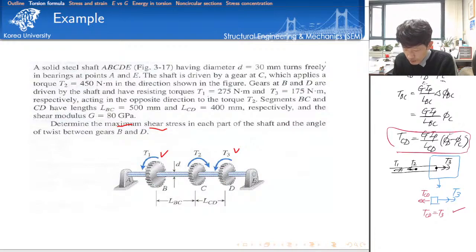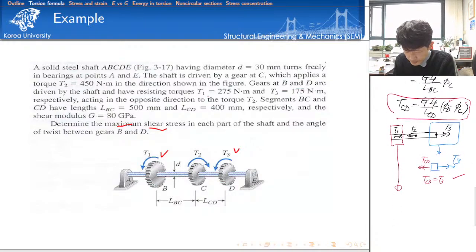And then we have two unknowns, and we have another equation. Now let's check BC here. If you do that, we have one external torsional moment, and then I have one internal torsional moment, TBC.